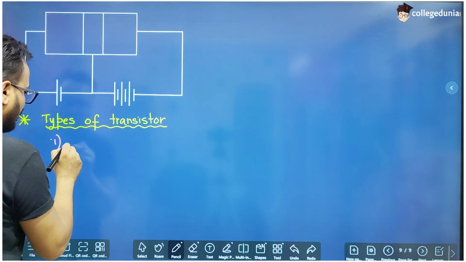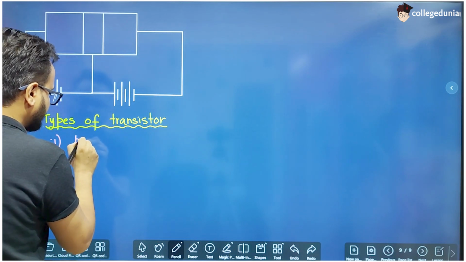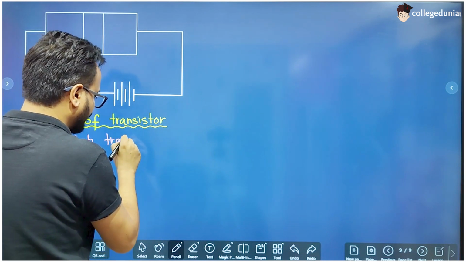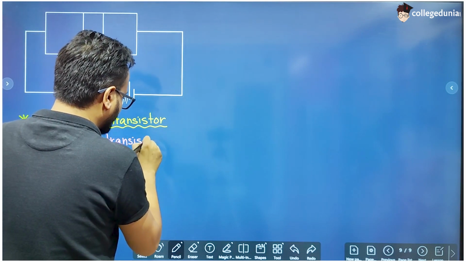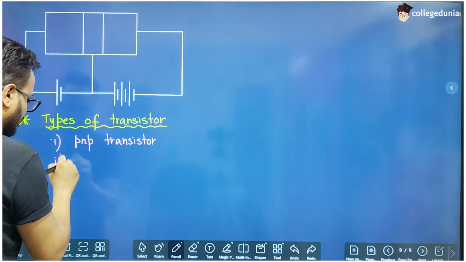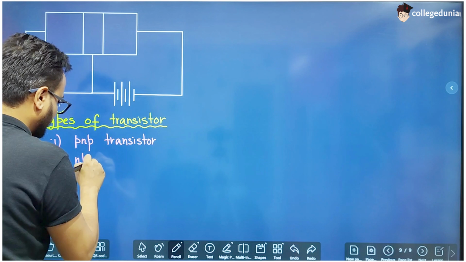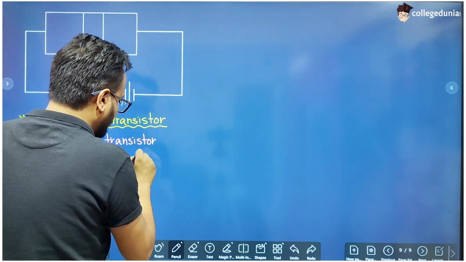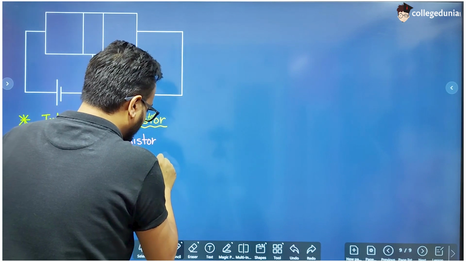Number one, PNP transistor, and number two, NPN transistor. PNP transistor and NPN transistor.